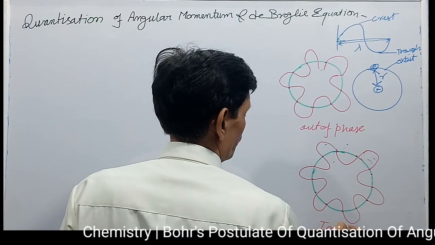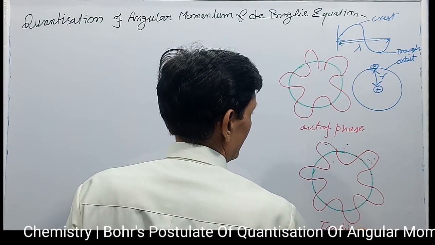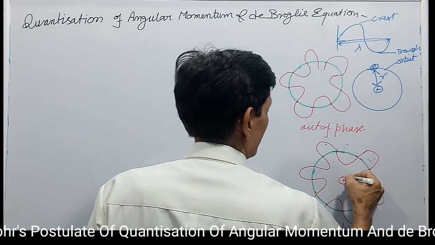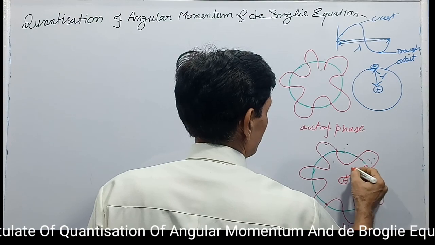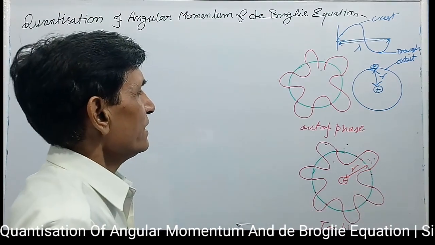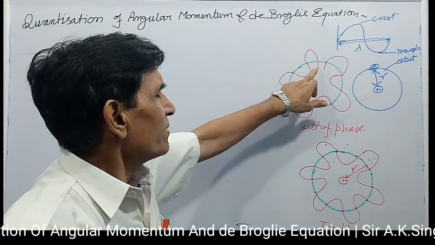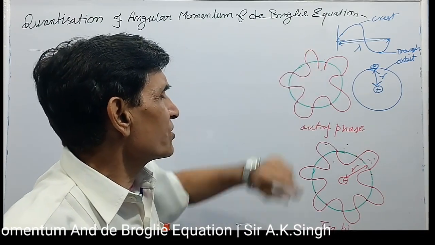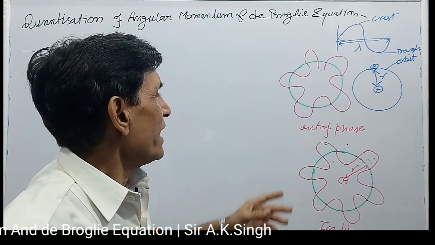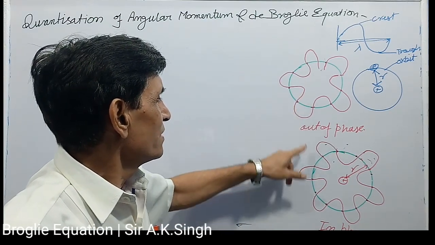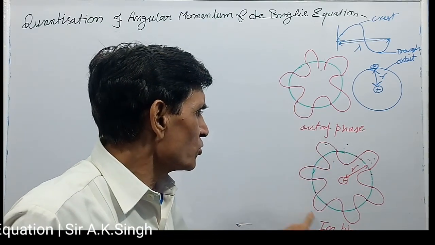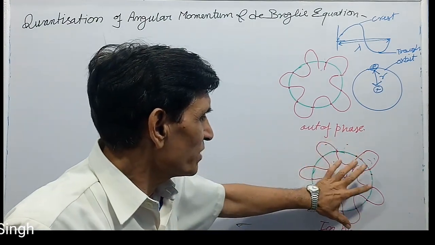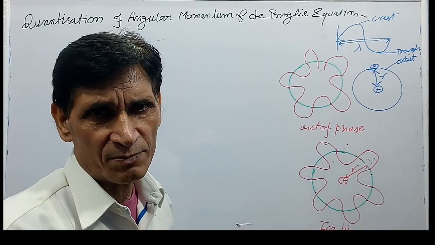Then this wave is in phase. Here is the nucleus and here is the radius. In the earlier case the two ends of the wave don't meet, but in this one the ends meet to produce a regular series of crest and trough. It means the wave is accommodated in Bohr's circular orbit.